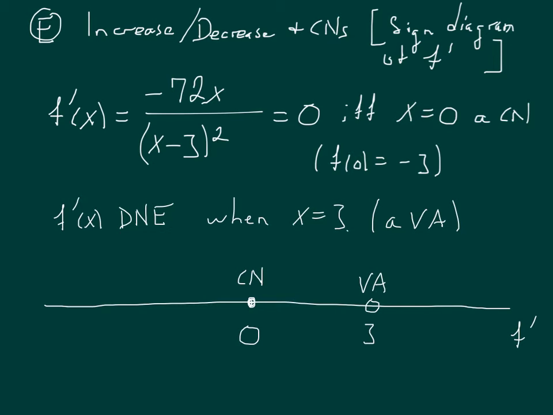Now, for the sign diagram for f prime, what do we do? Well, because we put all points where f prime is 0 and where it's discontinuous, which is to say where it doesn't exist, we know that f prime can't change sign on any of the intervals determined by the numbers 0 and 3. So, to check the sign of f prime on any one of these intervals, we just have to evaluate f prime at one number in these intervals.